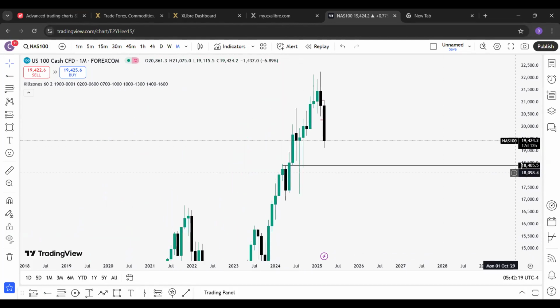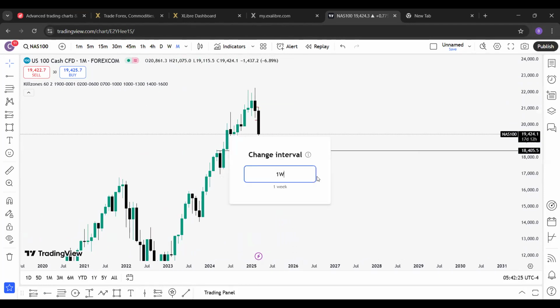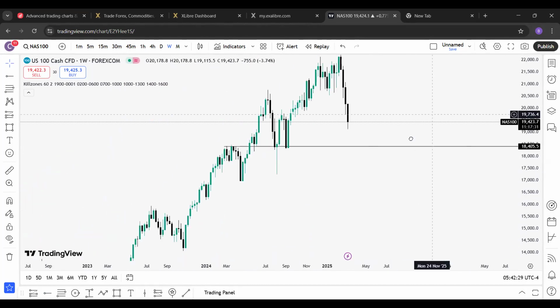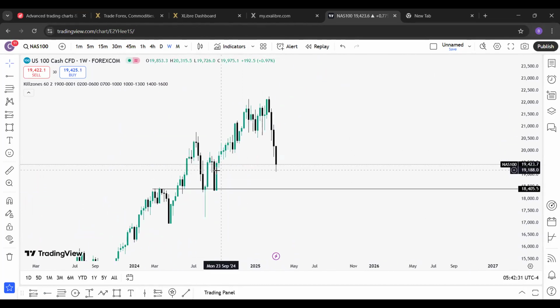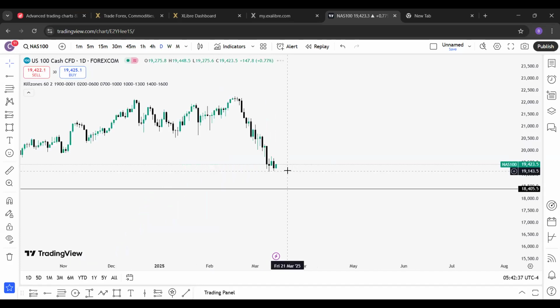So we have a bullish order block there. We have relative equal lows also, but currently we are bearish. Weekly has been selling, but of course we do have a bullish order block here that may show some level of reaction to the upside.